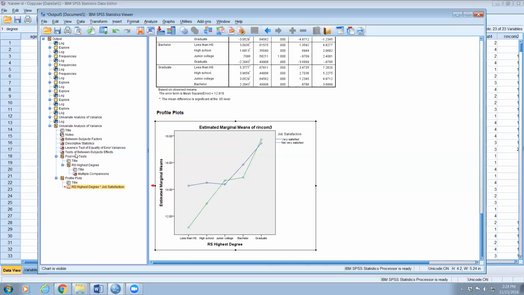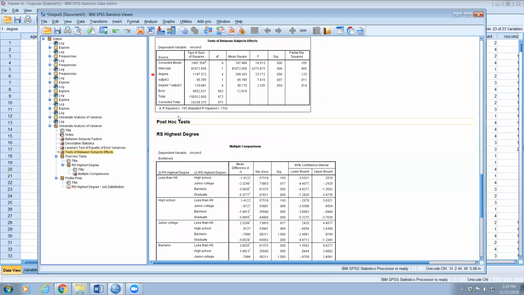But since our interaction effects are not significant, we'll go ahead and see whether the main effect of each individual factor is significant or not. So degree is significant at 0.000 level, and job satisfaction is also significant at 0.007. So they are both less than 0.05.